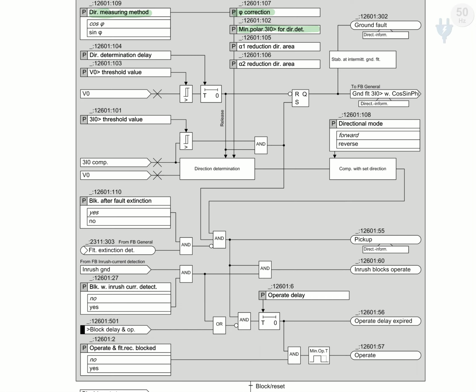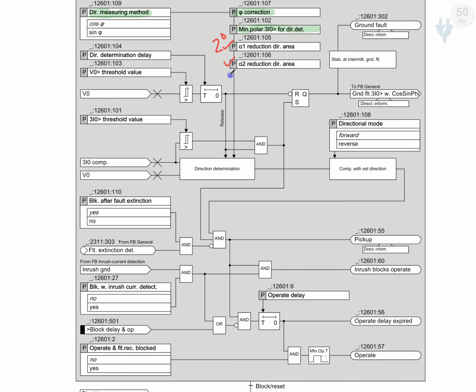The default value for these two values, alpha 1 and alpha 2, is 2 degrees in the Siemens relays. But if our system has more misoperations, we can change it, increase or reduce it.